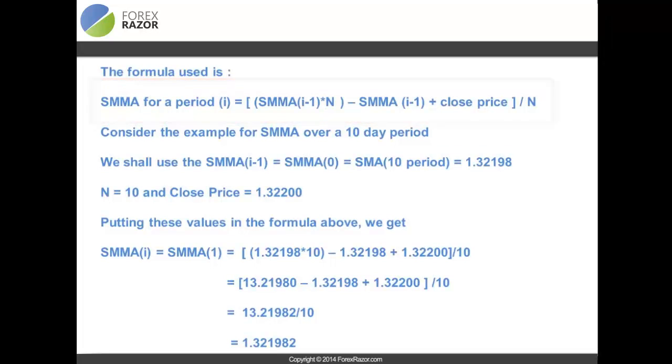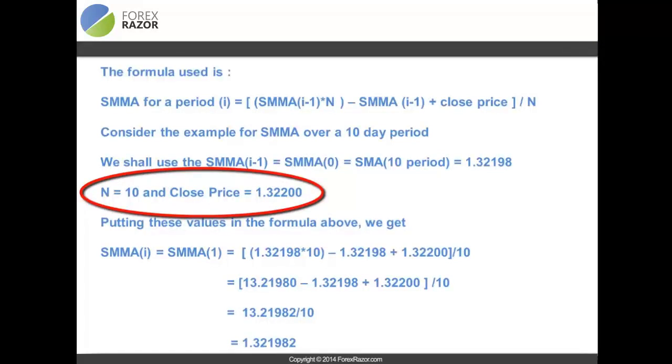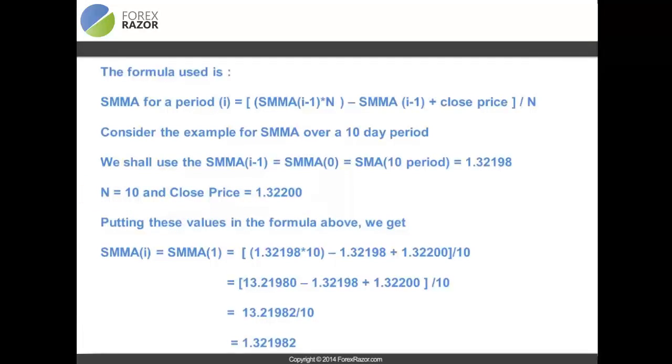days in the period. So considering the example for a smooth moving average over a 10-day period, the first value is taken as the smooth moving average for period I minus 1, which is taken to be equal to the simple moving average over 10-day period, which we calculated as 1.32198. N over here is 10 days and the close price is 1.32200. Putting these values in the formula above, we calculate the smooth moving average for day 1, that is SMMA1.